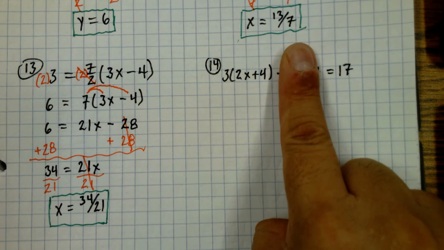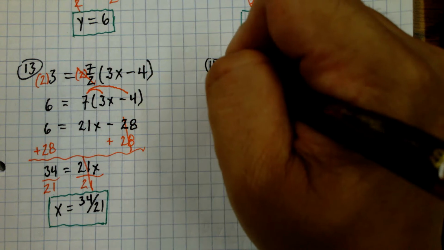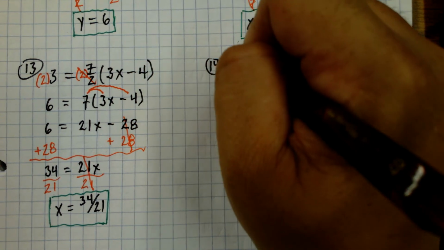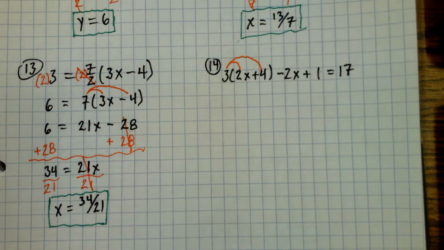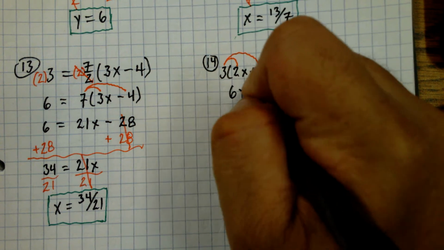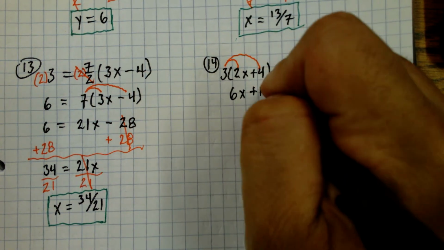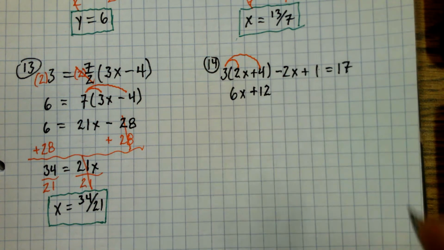No. So you don't want to do that. We have to distribute. That's why distribute works in most cases, but sometimes if you think ahead and you don't, it winds up being easier on us. Okay, so let's distribute 3 times 2x, 6x, 3 times 4, 12, and then bring down the minus 2x plus 1.